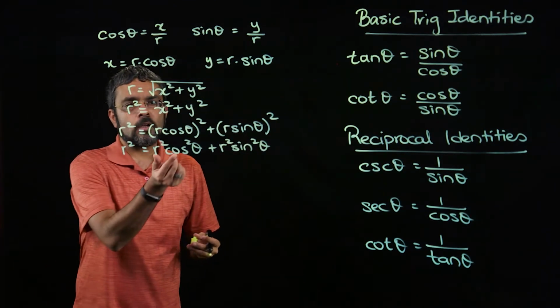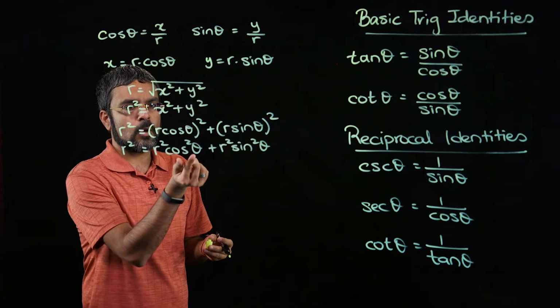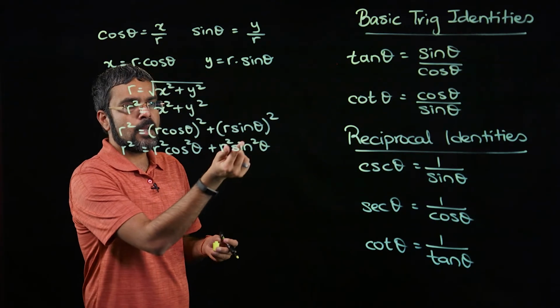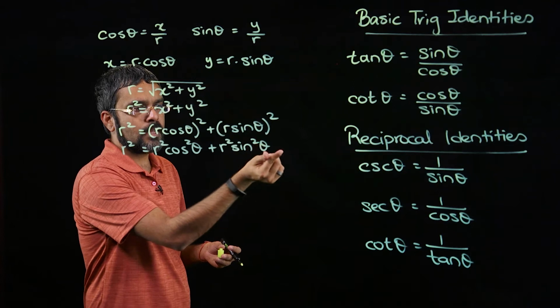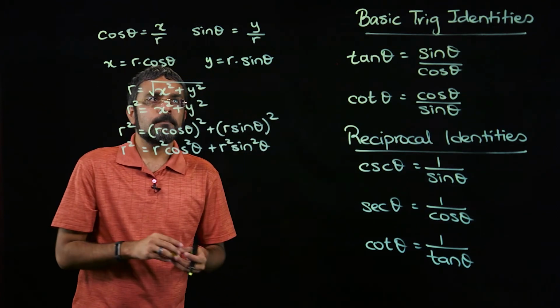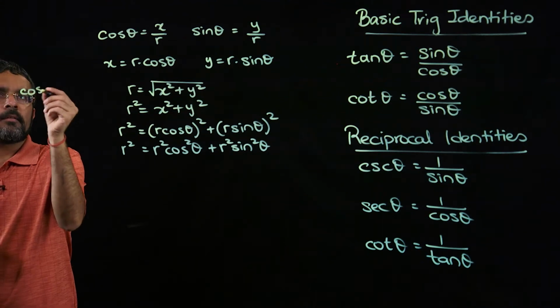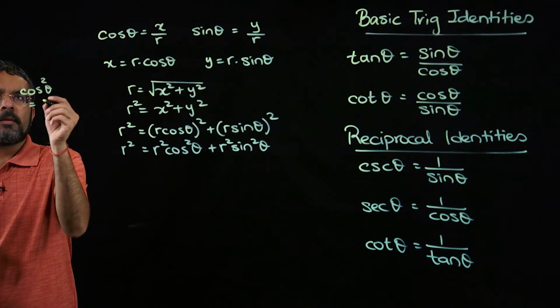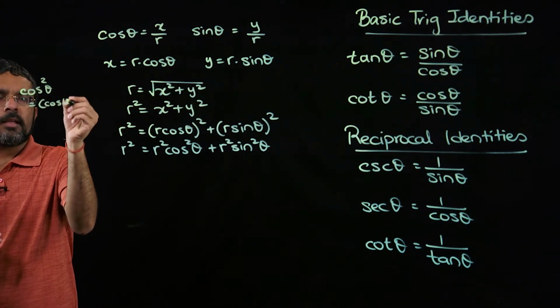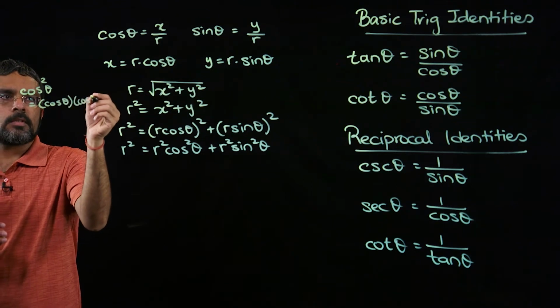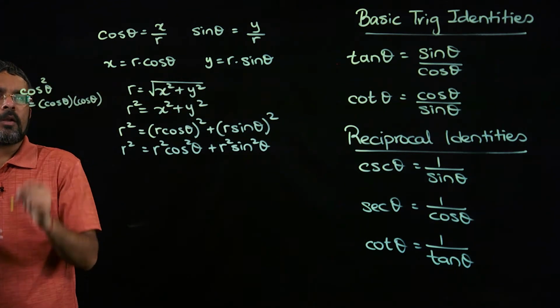Okay, note that cosine squared theta is nothing but cosine theta times cosine theta, and sine squared theta is nothing but sine theta times sine theta. Okay, so I'm going to make that note here. Cos squared theta is nothing but cosine theta times cosine theta. We just write the square over here.